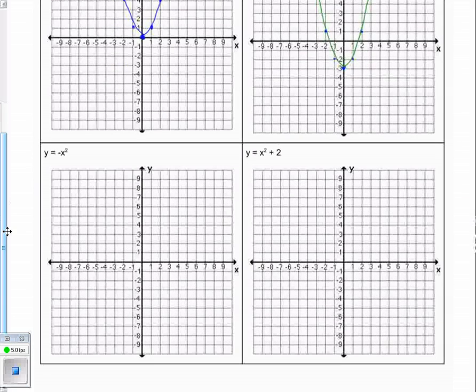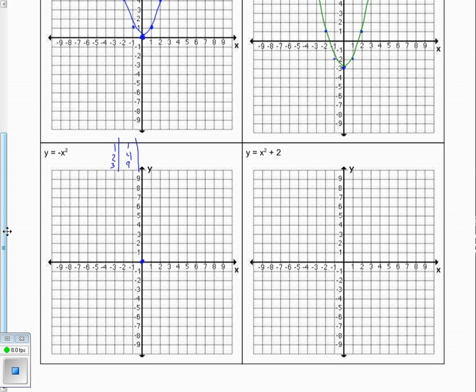Let's take a look at this example. Now we've got y is equal to negative x squared. The k value is the same, which means the parabola is still going to start at the origin. The only thing that has changed is that the a value is now negative 1. So in our step pattern, we had 1, 4, 9, and we're going to multiply all of our y values by the a value.